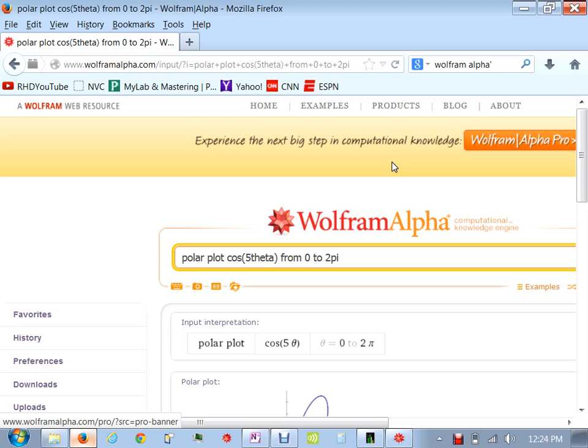Finding the area between 2 curves. I mean, that's just pretty clean. There's nothing crazy there. Find the volume of a solid obtained by revolving the region bounded by y equals x sine x, x equals 0, x equals pi, y equals 0 about the x-axis.